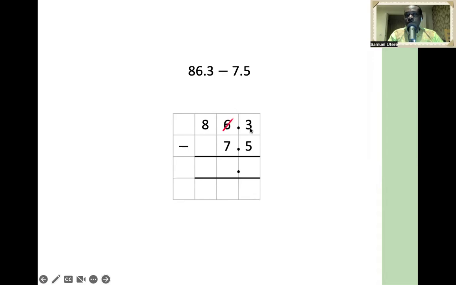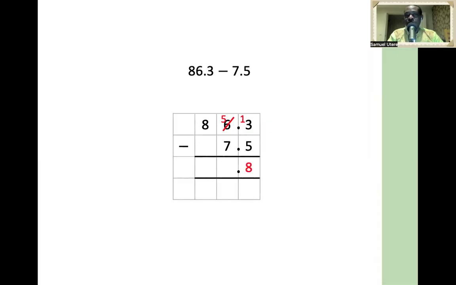So we're going to do an exchange from the 6 ones. So we take 1 from there. That 1 that we took from the 6 ones, which now makes it 5, is actually equal to 10 tenths. So we now have 13 tenths, which we can use to subtract 5 tenths from, and that gives us 8.